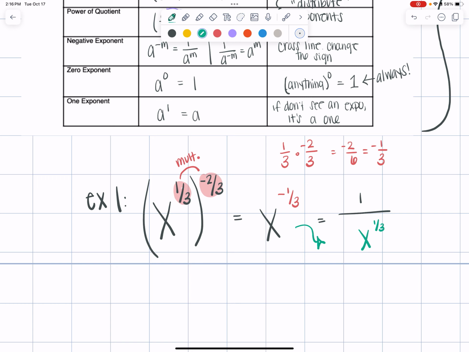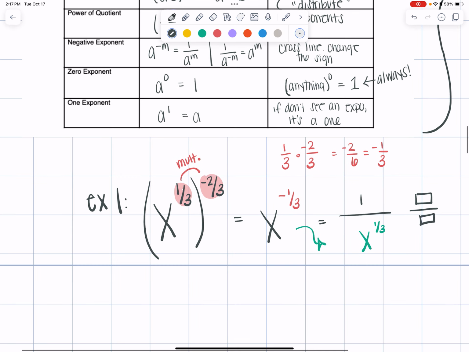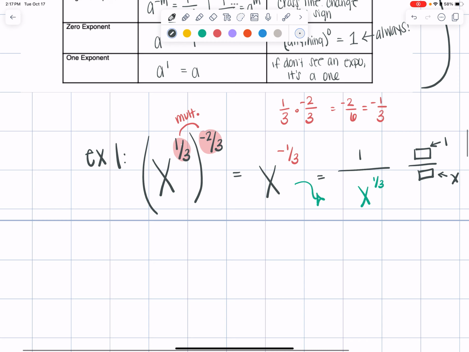So to type this into Hawks, you are going to need to use the fraction button first. And then from there, type in your 1 on top. On the bottom, you're going to type in your x. And then to get that exponent, you need to use the button that looks like that under the keypad.